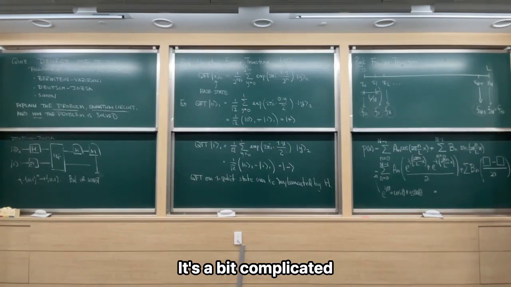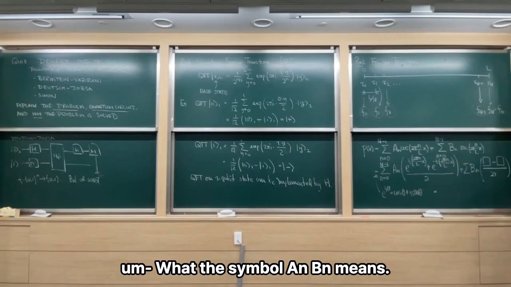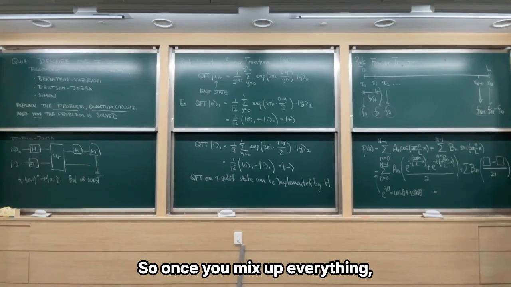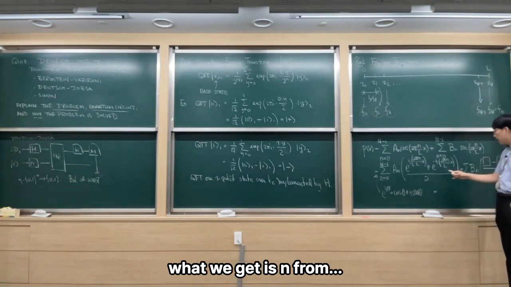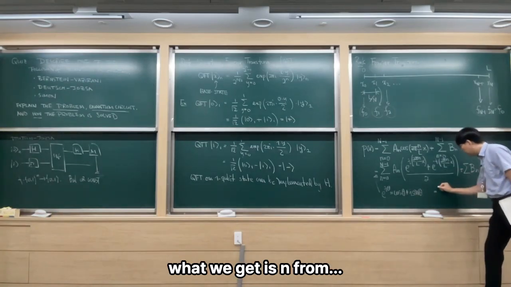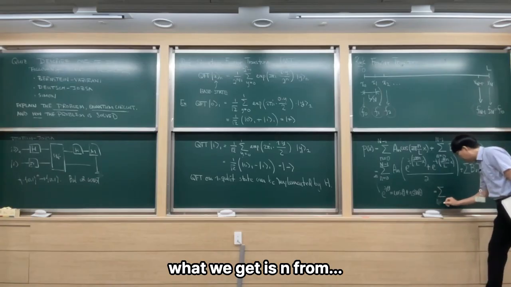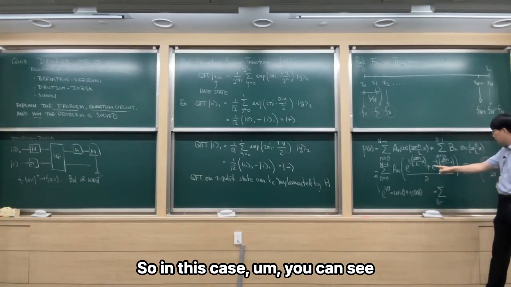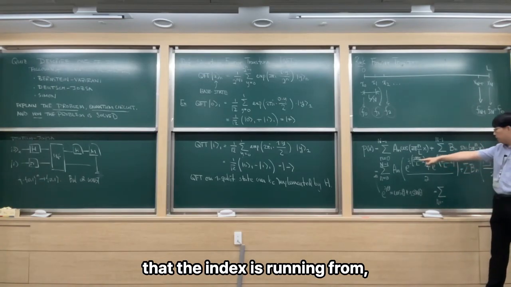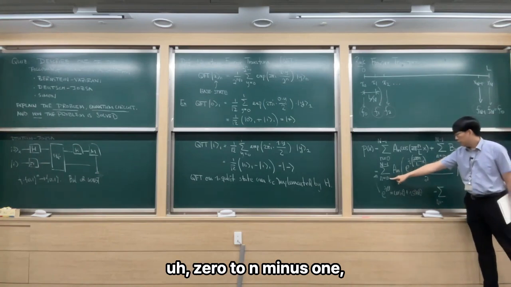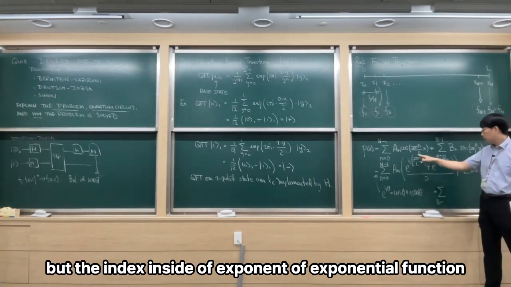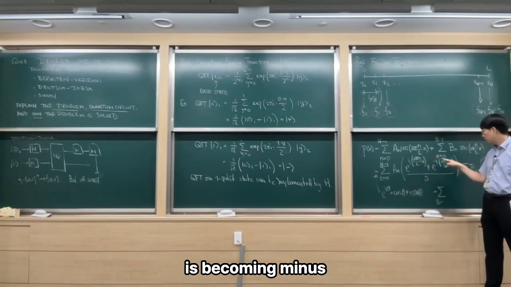It's a bit complicated, but I'm not really picky on what the symbols an, bn mean. Once you mix up everything, you can see that the index is running from 0 to n minus 1, but the index inside the exponential function becomes minus n to n.